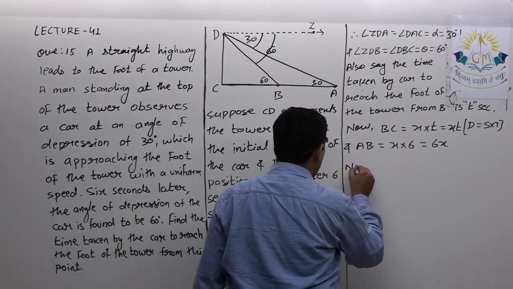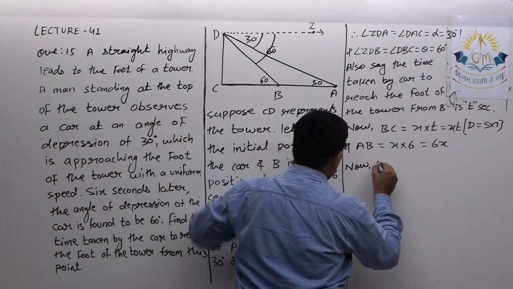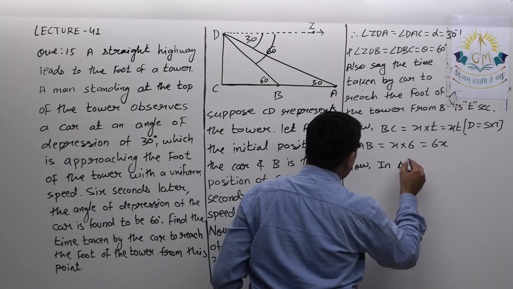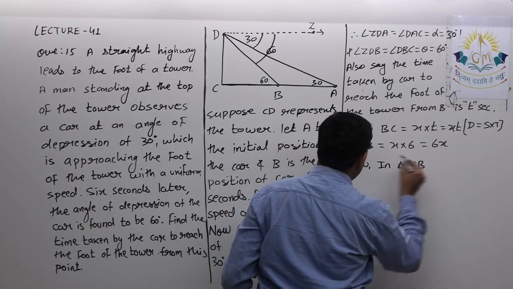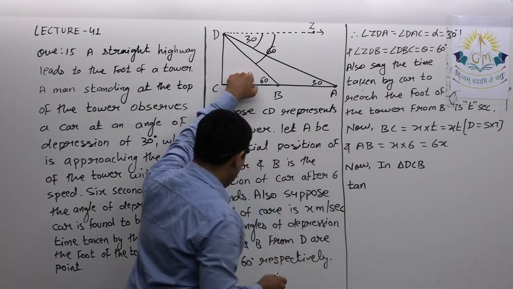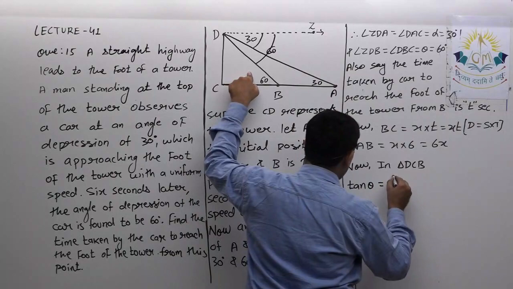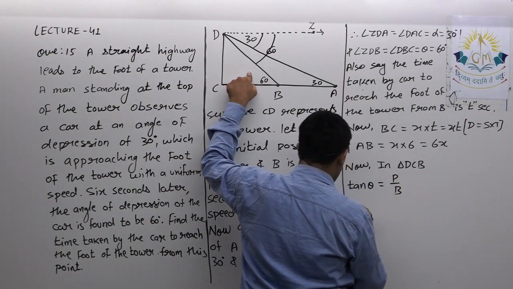Now we'll apply the trigonometric ratio. In triangle DCB, 60 is considered as theta. So tan theta is equal to perpendicular upon base.